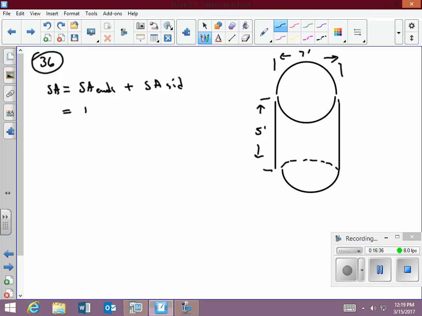So it's pi, and the radius is 3.5, right? And then the surface area of the side is the circumference, and the circumference is pi times the diameter, so it's pi times 7 times the height, 5.